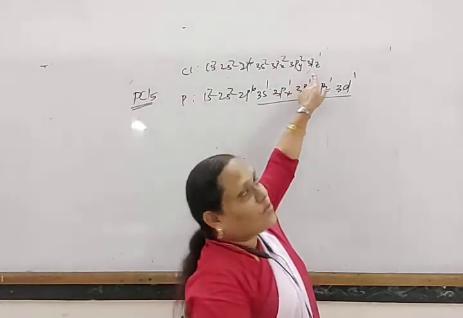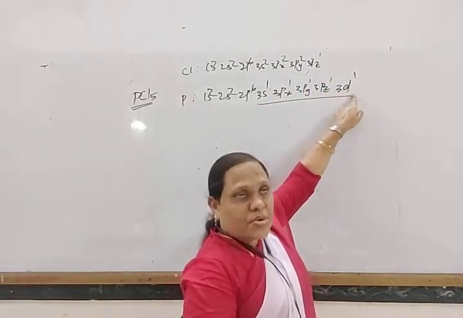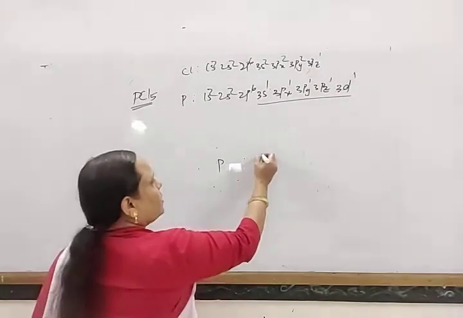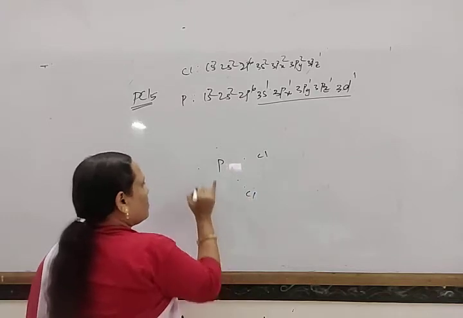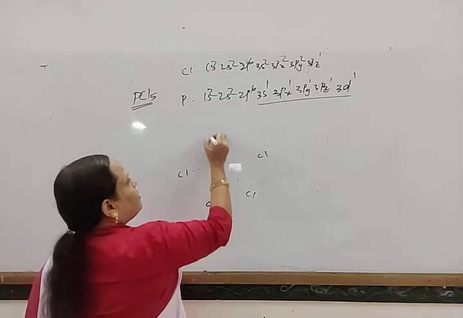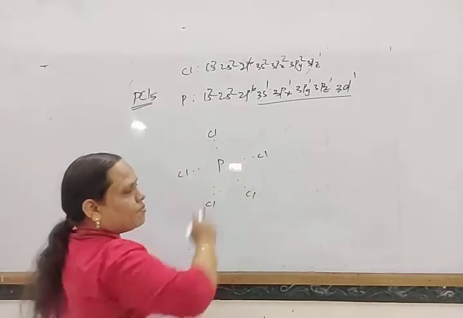These unpaired electrons now form bond pairs with the surrounding atoms. In this way, chlorine remains here. I am just writing the unpaired electron. So phosphorus is surrounded by 5 bond pairs.